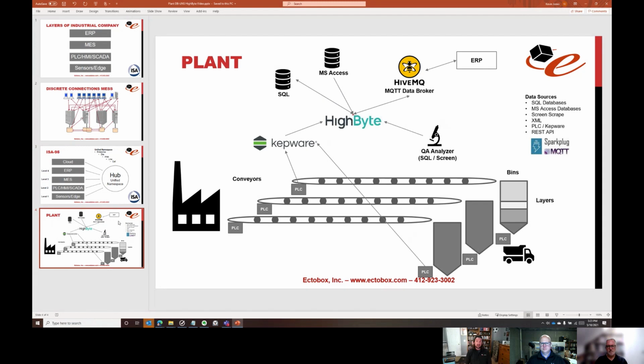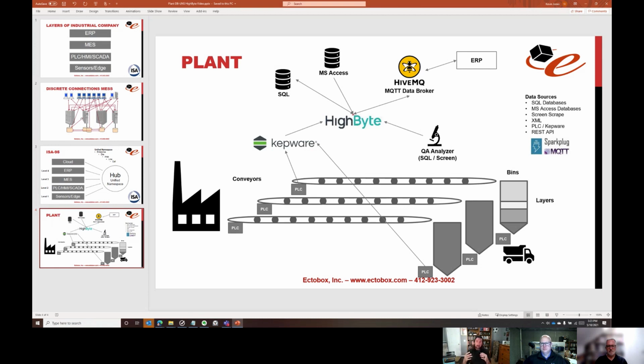And HighByte was critical to the success of the solution, because it allowed us, with all of its different connectors, to go to SQL Server and get the data, go to Kepware, which is where all the PLCs are connected, and with a little bit of code, very small bits of code, we were able to create connectors to allow HighByte to pull data from Access databases, from screen scrape, from XML files, and now all of those different data sources can come into HighByte.